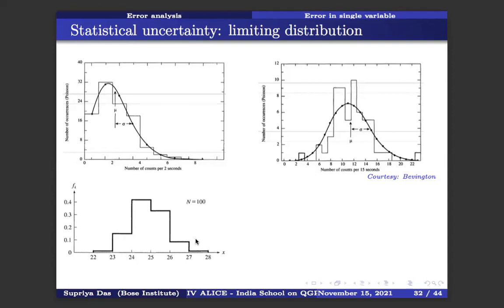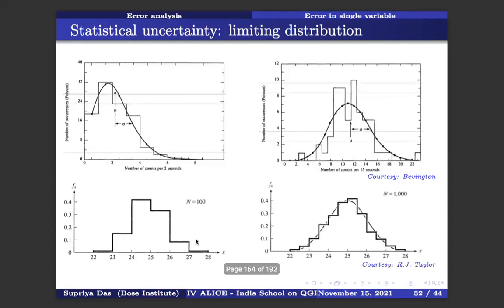You just employ 10 times 100 people. So you make your n 1000, and you see already it takes a kind of smoothened distribution. The mean has not shifted much. The most probable value may be 24.8 here, and here it may be 25. The mean has not shifted, but the distribution has now become much smoother.